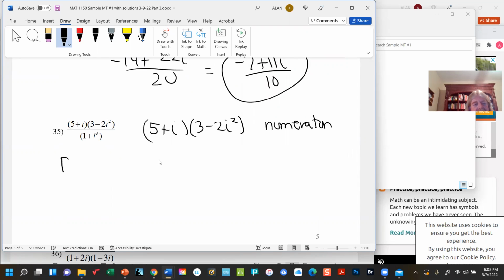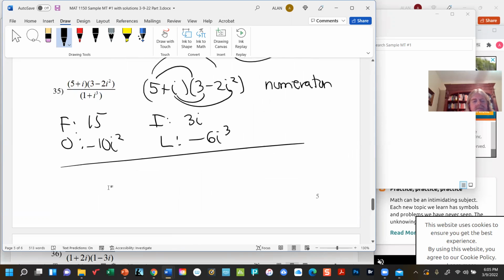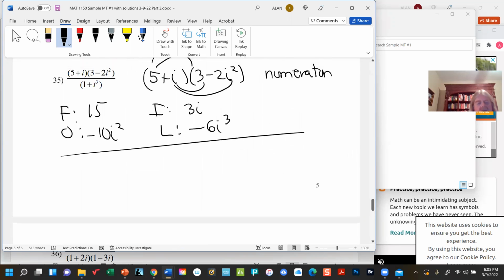All right, so what do we have? FOIL: 15 minus 10i squared, 3i minus 6i cubed. All right. So we can't actually do anything with these except make some substitutions.